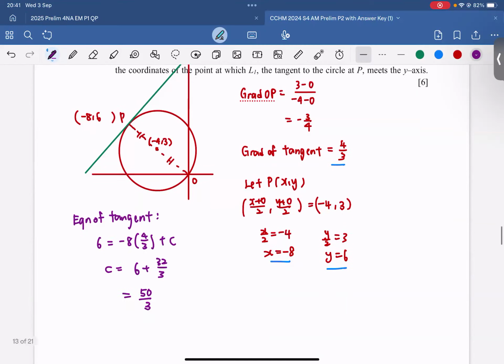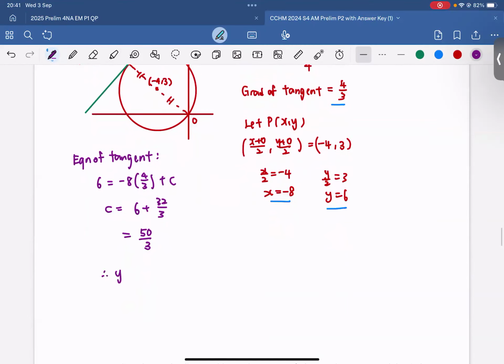Okay, therefore the equation is just y equals 4 over 3 x plus 50 over 3.